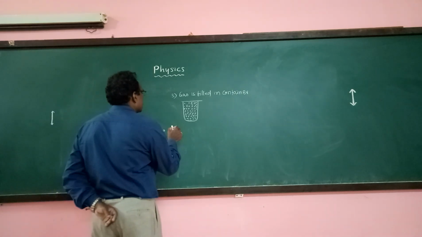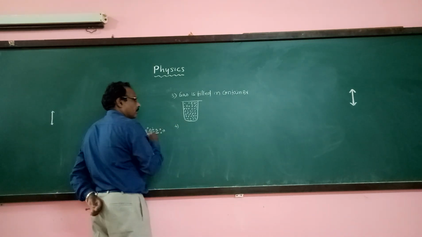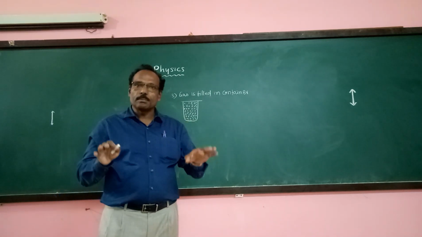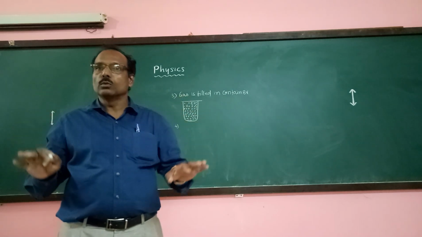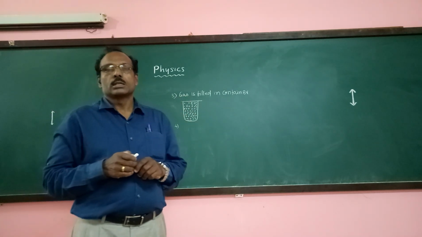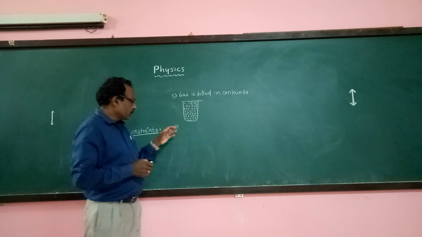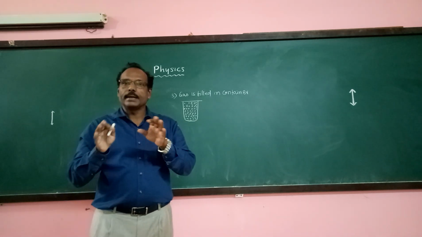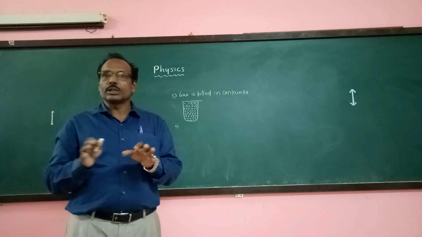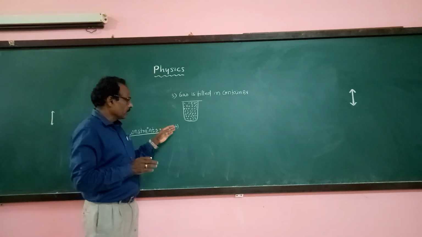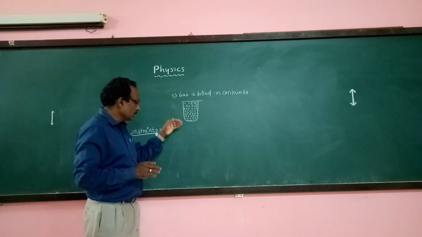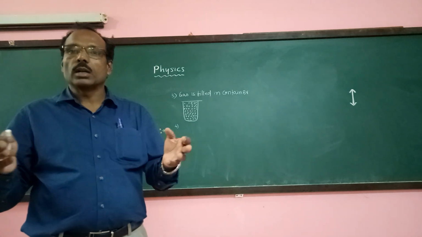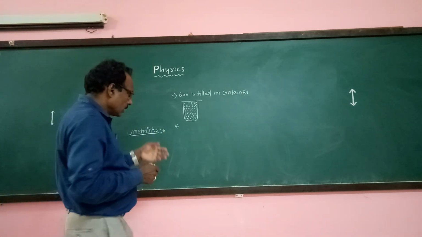But let us take another example, say example number 4. A particle or a system of particles is allowed to move in free space. The particle can move in any direction. In a Cartesian coordinate system, the particle can move along the x direction, along the y direction, and along the z direction.